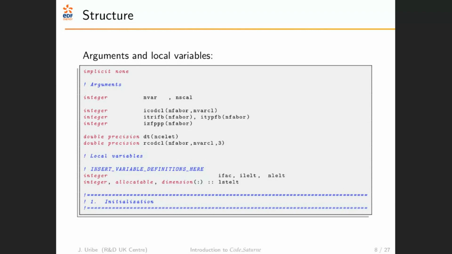It's just fixed. And then you have the local variables and the argument declarations. In most of the CS user subroutines, you have statements like these, insert variable definitions here, where you can put whatever you need to put.